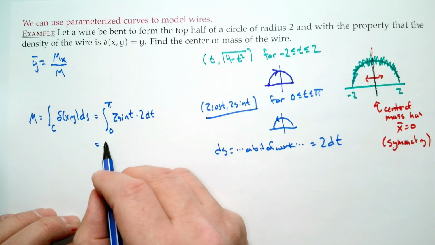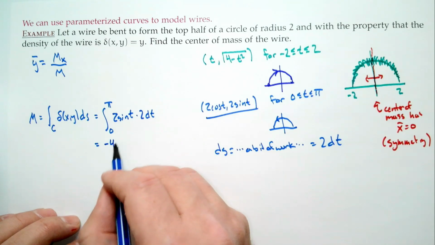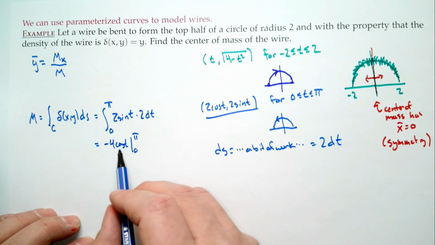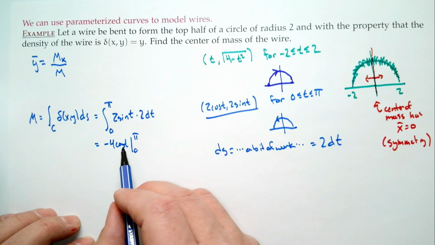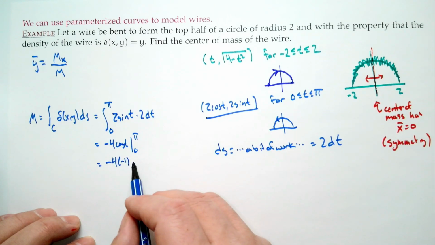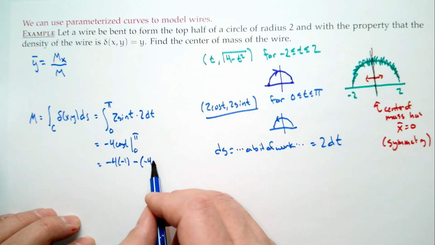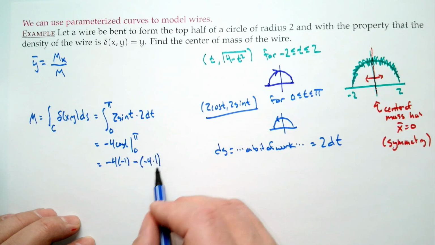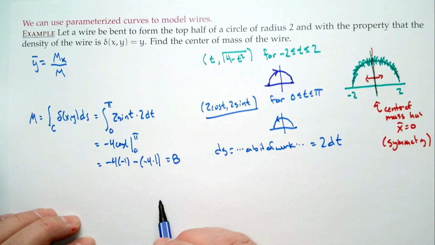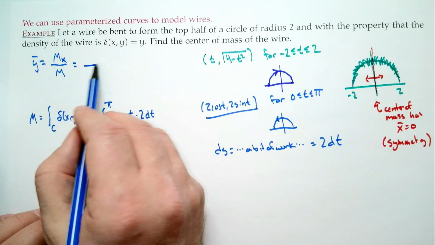Well, this is not a hard integral. The integral of sine is negative cosine from 0 to pi. When you plug in pi, you get negative 4 times negative 1, which turns out to be positive 4. Subtract negative 4 times cosine of 0, which is 1. And if you put this all together, you end up with 8. So the mass is 8, and y bar is something over 8.